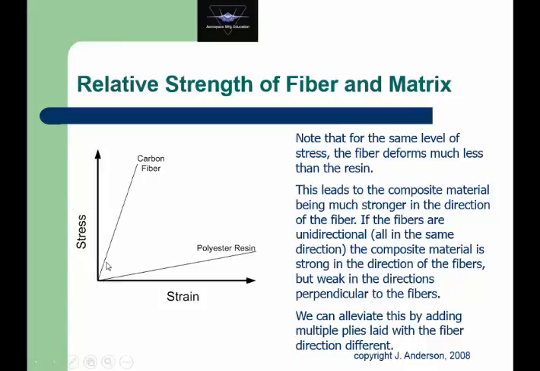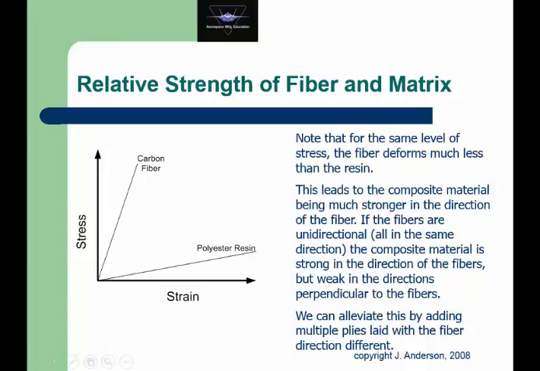for a given force. So what does strain mean? Strain is a deformation. It's how much you stretch this material per unit length, per original unit length. And it's measured in inches per inch.